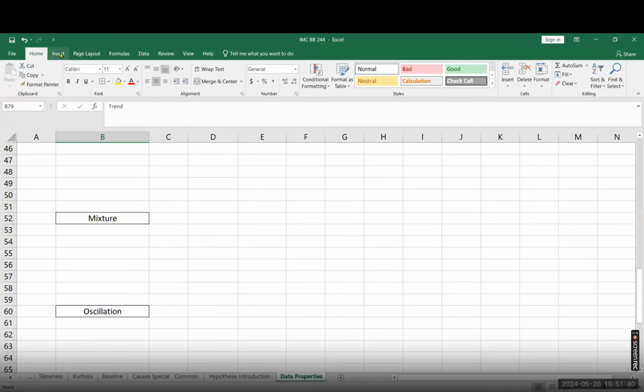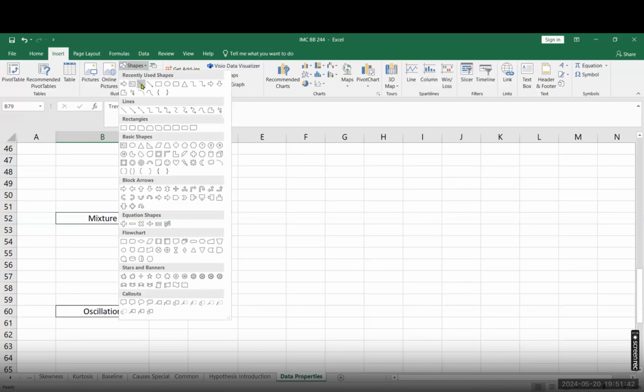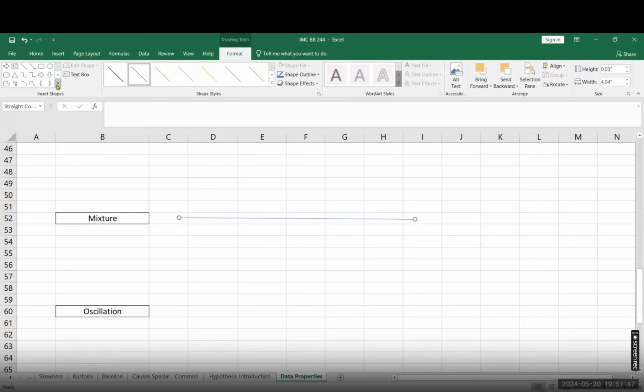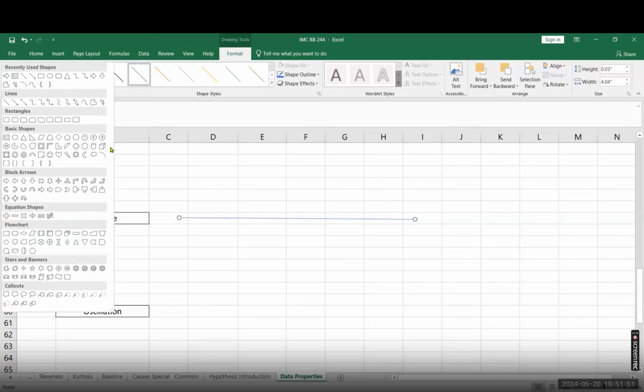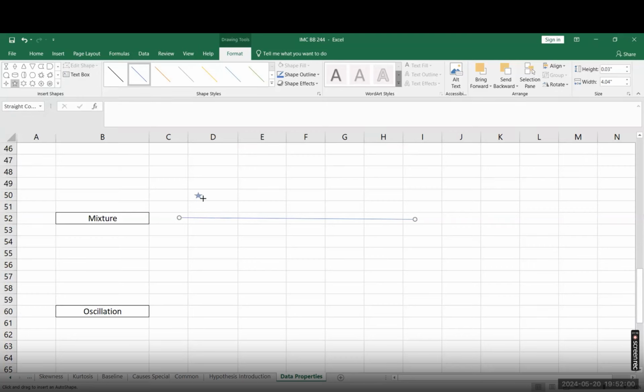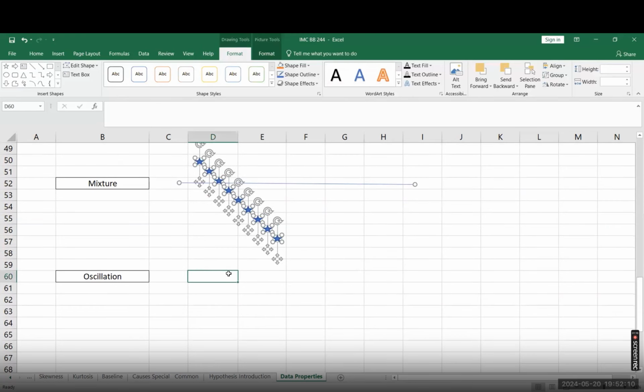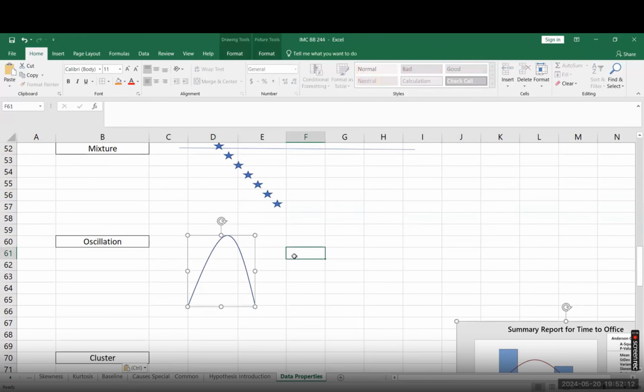I draw a line. This is the center line. And maybe I will put some data points into this. Let's say these are your data points. A few data points I will create just like that. And now let me copy and paste this everywhere.